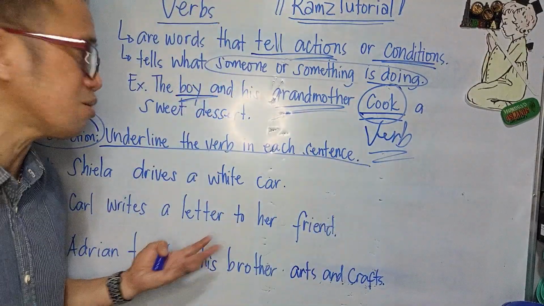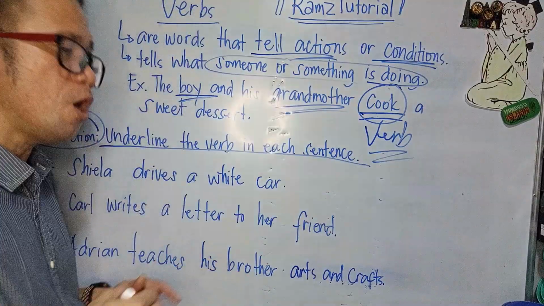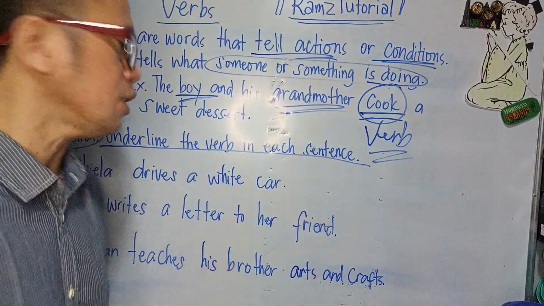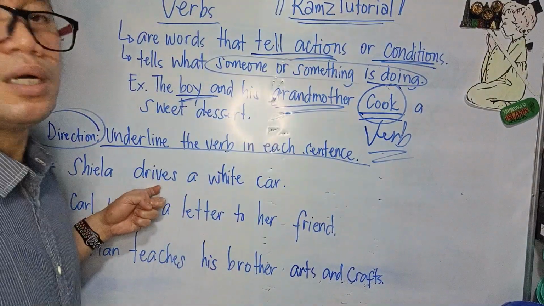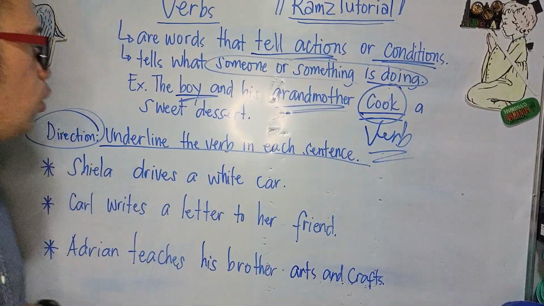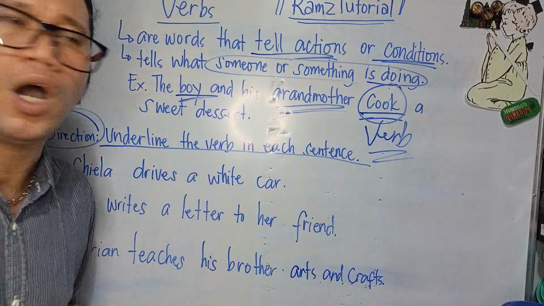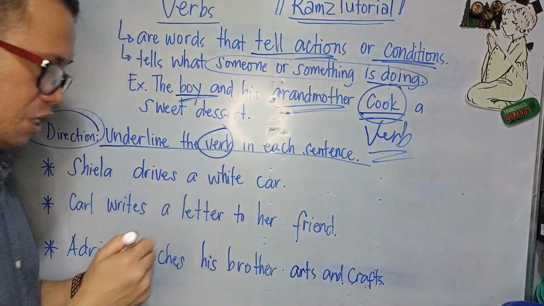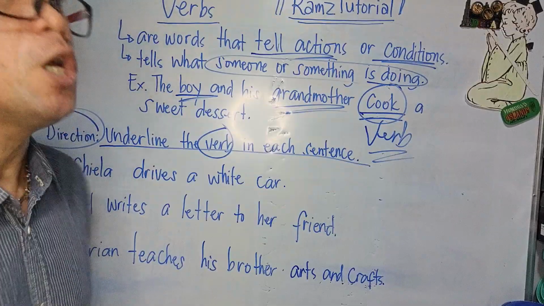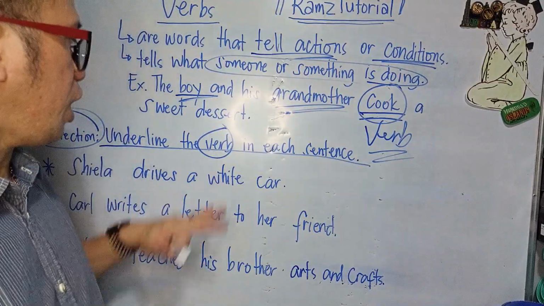Our direction says, underline the verb in each sentence. That means, sa pangungusap, guguhitan po natin at hanapin po natin kung saan po dito ang pandiwa, or the verb. Because our objective today is to identify the verb in each sentence.